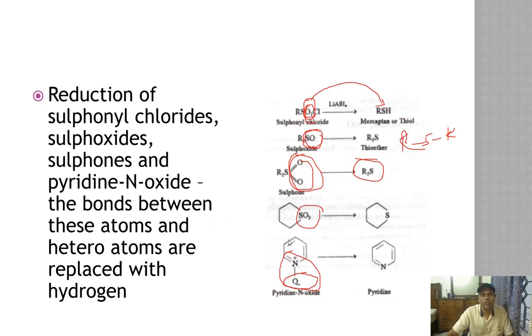And you remove oxygen from the pyridine N-oxide too. So you can convert all these, sulfonyl chloride, sulfoxides, sulfones, and pyridine N-oxide, using lithium aluminum hydride.